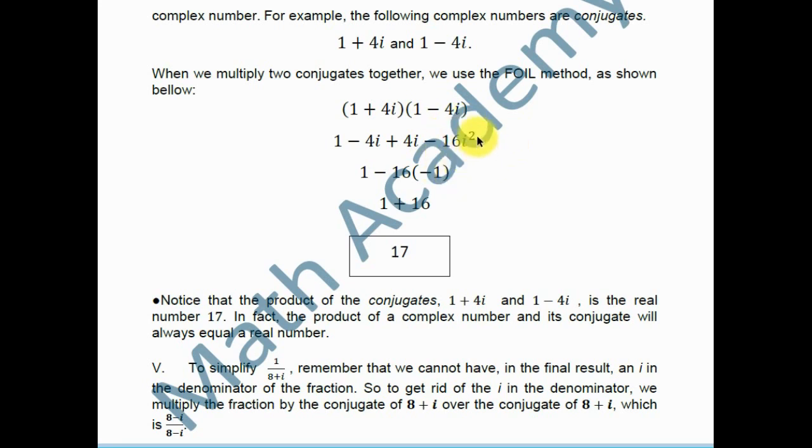And we remember that i squared is minus 1. Minus 4i plus 4i cancel out, and the result is 1 plus 16, that is 17.